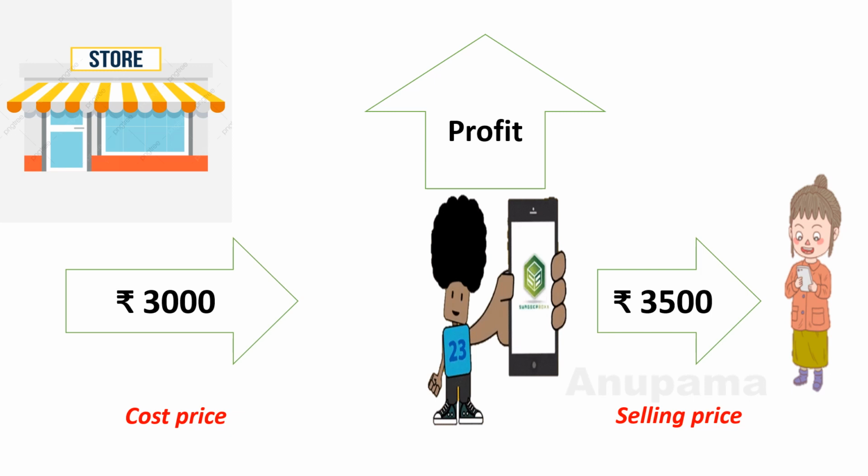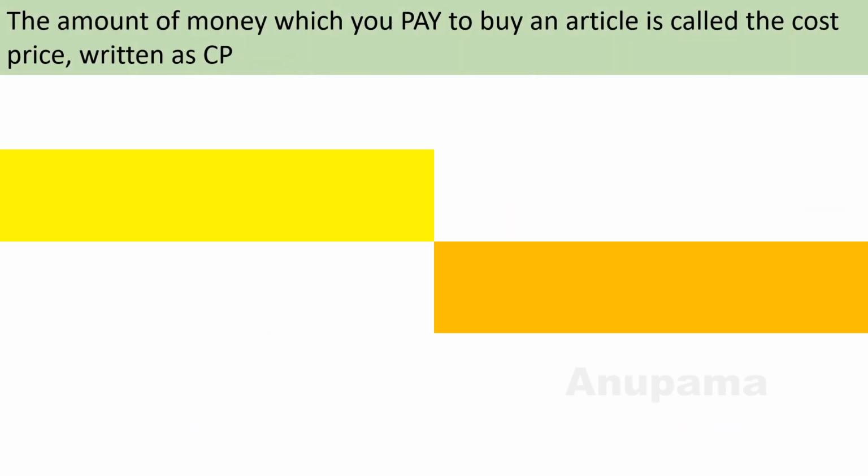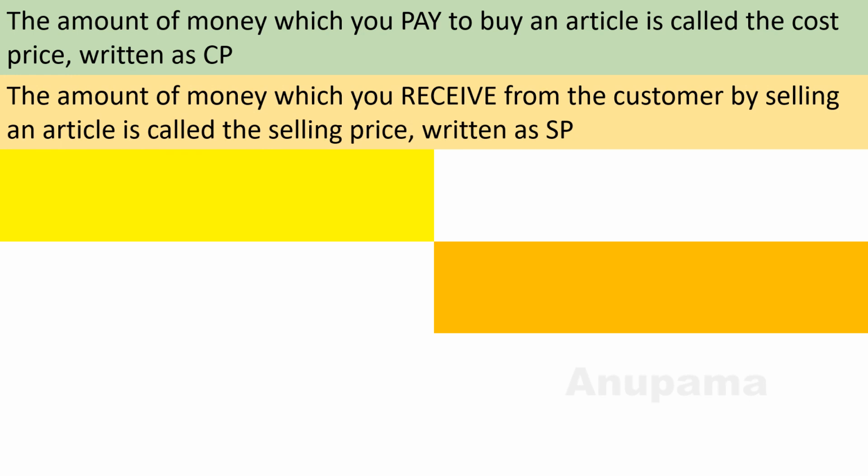So here we can say that the amount of money which you pay to buy an article is called the cost price, written as CP, and the amount of money which you receive from the customer by selling an article is called the selling price, written as SP.